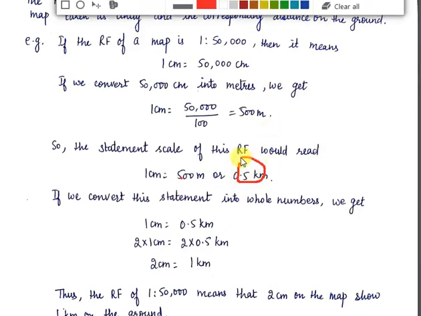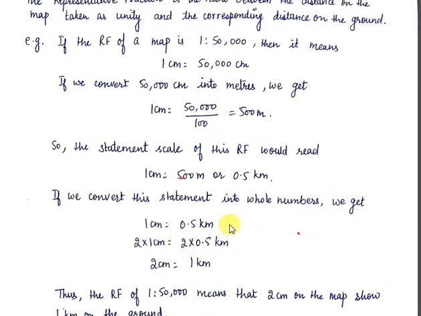Further, what do we do with this? If we convert this statement into whole numbers, we get 1 centimeter is equal to 0.5 kilometer. We will multiply it by 2, so it will be 2 centimeter is equal to 1 kilometer. Since we multiplied 0.5 kilometer by 2, 1 centimeter was also multiplied by 2, giving whole numbers.